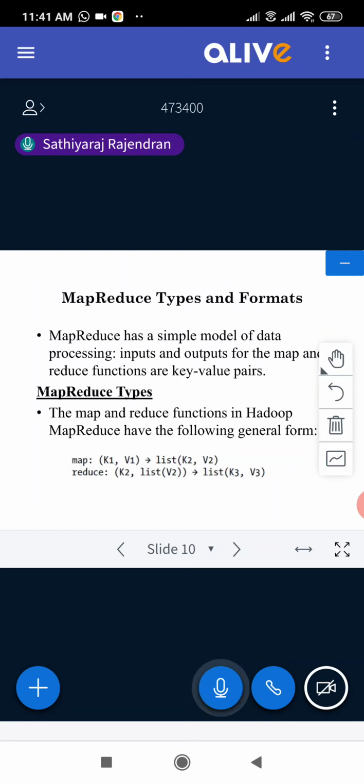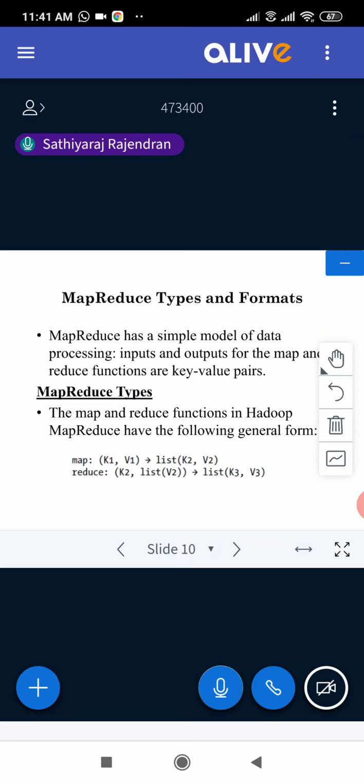If I take the USN number, USN will be the key, but the numbers will be different, like 01, 02, 03, 04, 05. These 5 values will be placed under a list, let me take V2, the value.